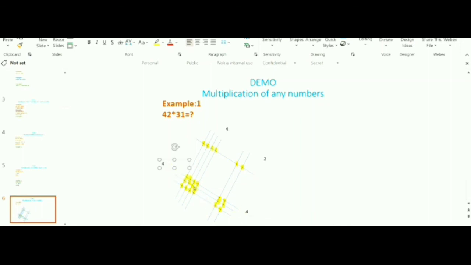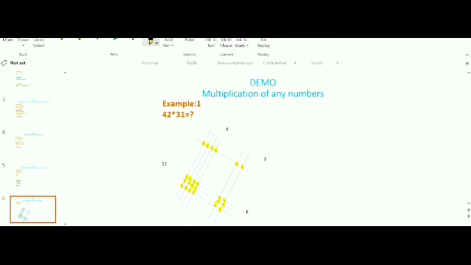Okay, so this is 4 here, this is 12, right? So let's change it to 12, and here this is 6. Okay, so let's change it to 6. There is some problem. Okay, so this is what I just put. After that, what you need to do, just take this, make this one side, make this one side, and count this one together. Okay, so what should be the output?